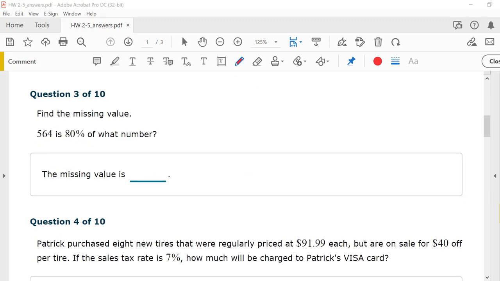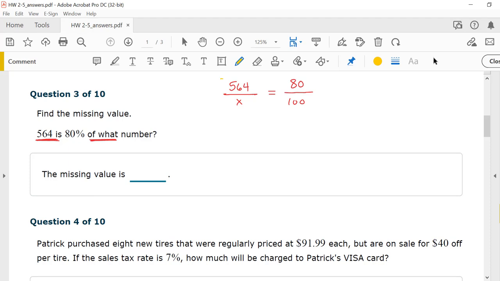Question 3. 564 is 80% of what number? So the of is going to be the x. Is over of equals percent over 100. So 564 over x equals 80 over 100.